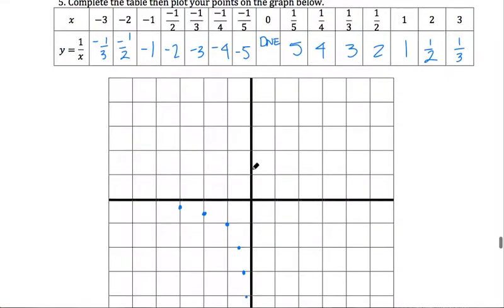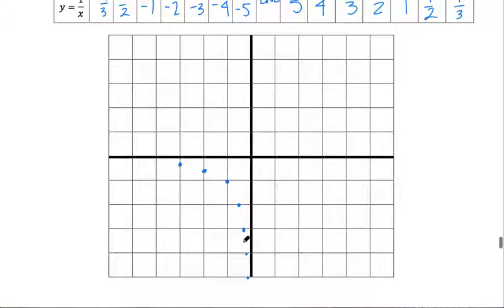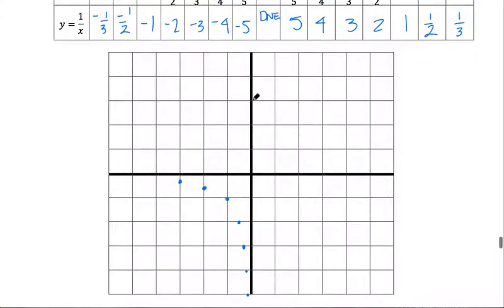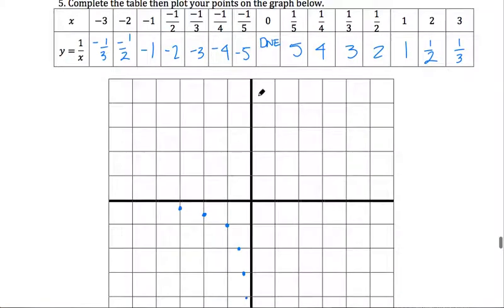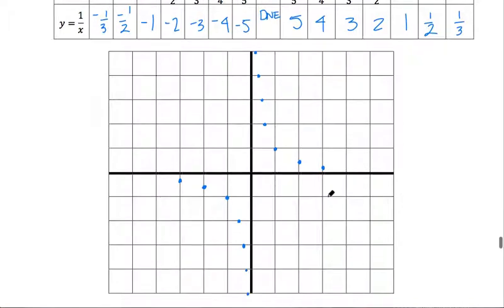And we can't graph 0. There's nothing that happens at 0, so nothing on the y-axis. Then 1/5 will put us up at 5, so I'm going to call that about there. 1/4 at 4, 1/3 at 3, 1/2 at 2, the point 1, 1, the point 2 and 1/2, and the point 3 and 1/3. So hopefully you see some sort of pattern here.